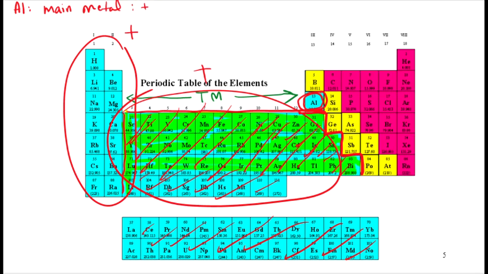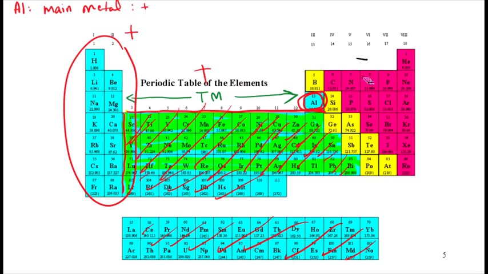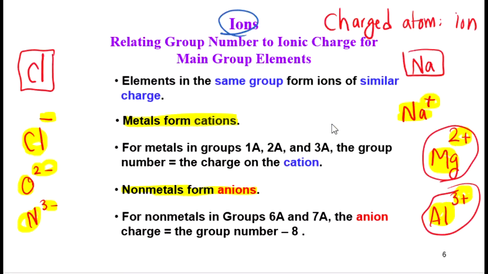And I said non-metals make anions. So on this side we have negative, positive, negative. In the middle we have metalloids. Metalloids sometimes act like metals, sometimes act like non-metals. So they are in general negative charged.